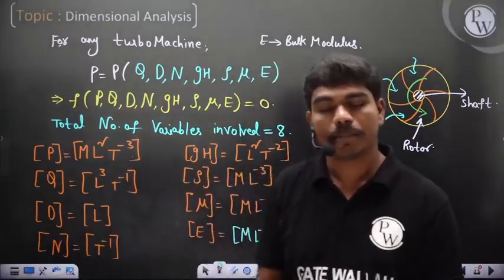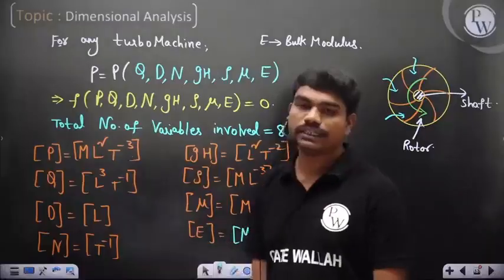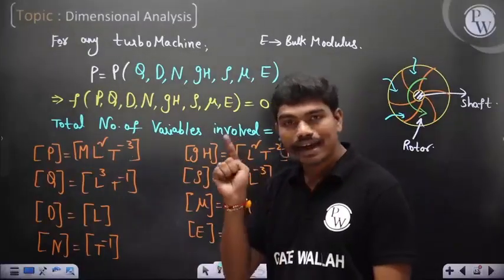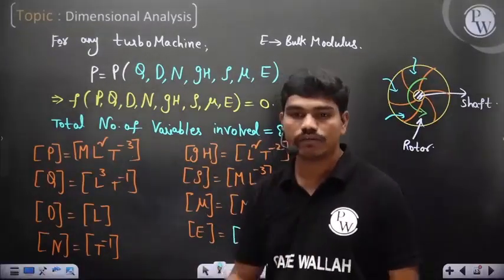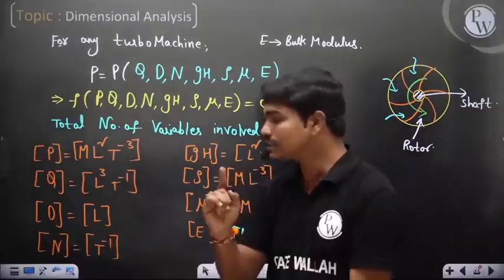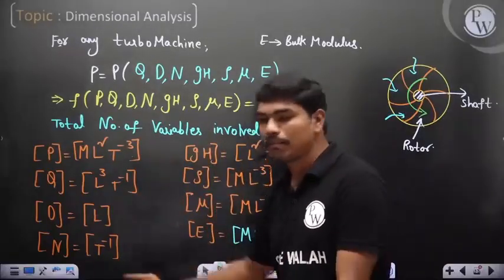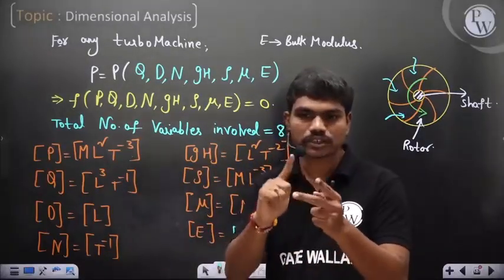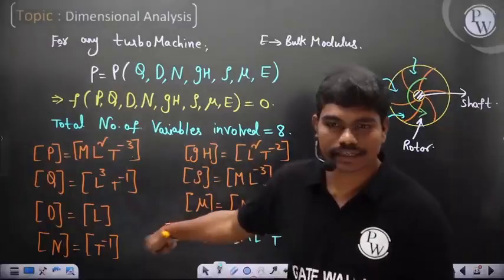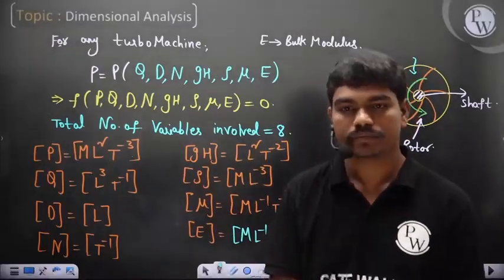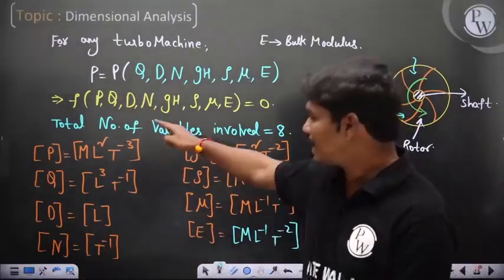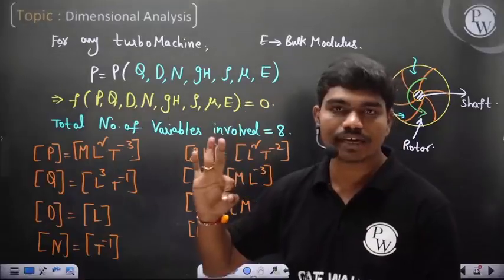Okay, now there are 8 variables in this function, but the number of fundamental dimensions involved when you put these 8 variables together is only 3 dimensions. In this complete set, apart from mass, length and time, can you see any other dimension which is involved? You have a total of 8 variables involving 3 fundamental dimensions.